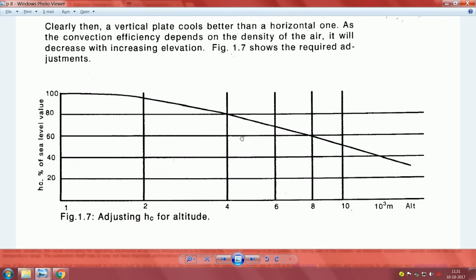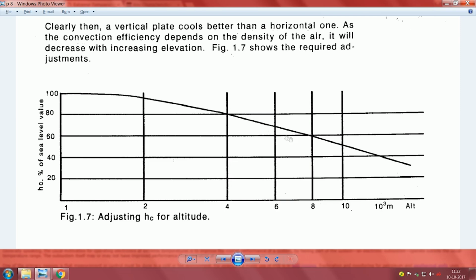For this slide, at this point, just accept it, saying the heat transfer coefficient at sea level, if you take it as 100, and this is kilometers, at about 4 to 5 kilometers you still have most of it.